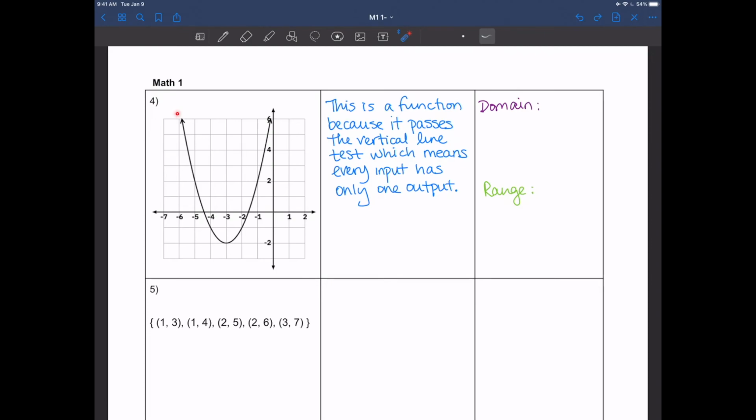So it's important that we look at the ends of the graph. In this case, there's an arrow here and here, and each arrow is pointing in two directions. This one is pointing up and pointing left. This arrow is pointing up and pointing right. So what does that mean? For domain, I care about most left to most right. So I'm going to focus on this left piece and this right piece, and the way the arrow is pointing.